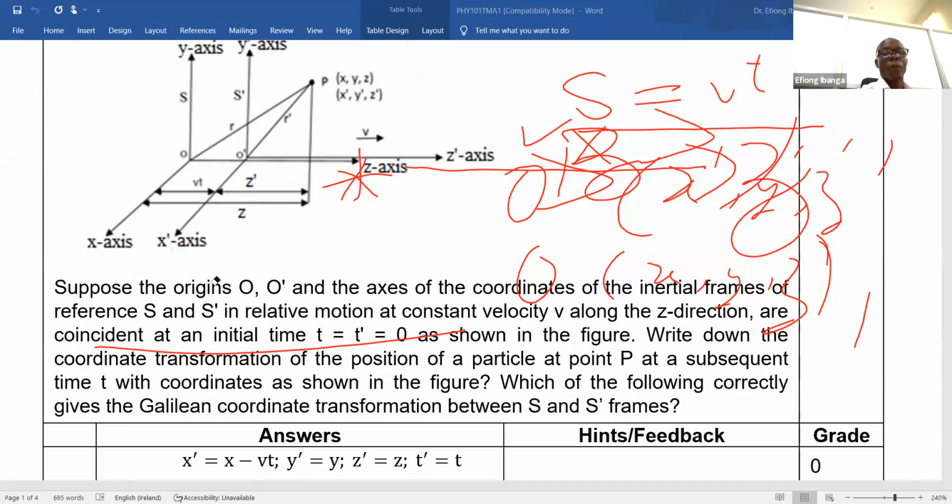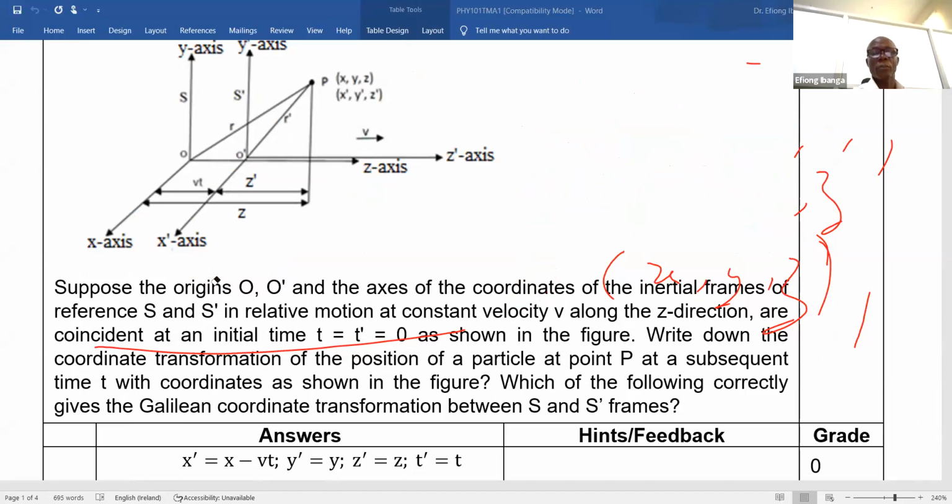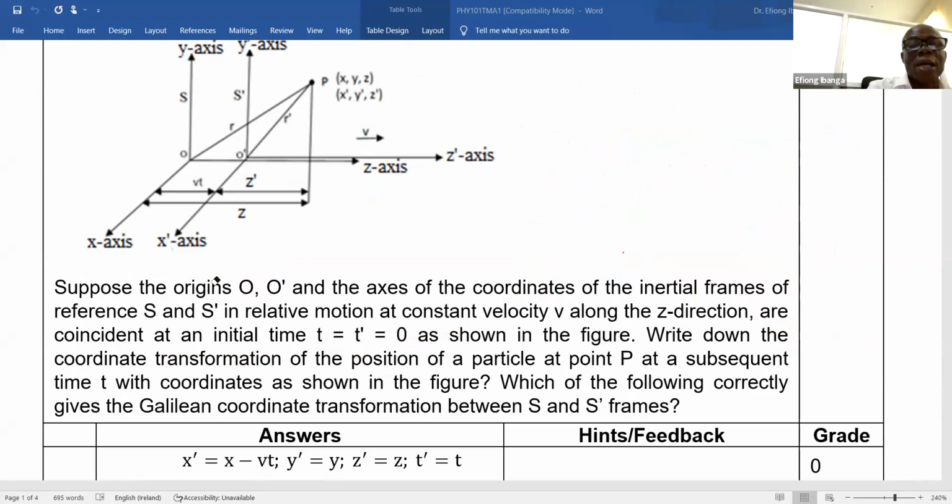All right. So now the question is, what is the relationship between the readings there? So let us read them out. To answer this question, notice that the motion is along the z-axis, the common z-axis, isn't it? So the only one that needs modification is the one along the z-axis.